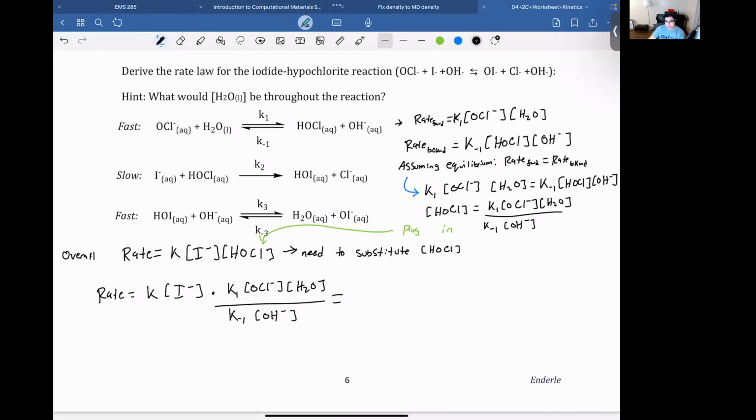And actually, I do want to note here, this K is the rate determining K, right, for the overall reaction. However, it's more appropriate here to say K2 because it's determined by that second rate constant, whatever that is. You go ahead and you just multiply it out, essentially.